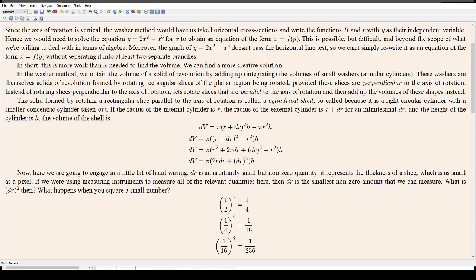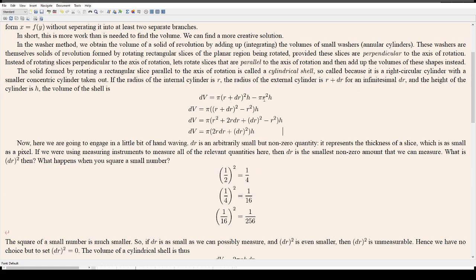So pi radius squared times height. The volume of the internal cylinder is, again, pi radius squared times height. Then all I do to get from here to here is I factor out the pi and I factor out the h. Now, take r plus dr squared, FOIL it, to get r squared plus 2rdr plus dr squared.